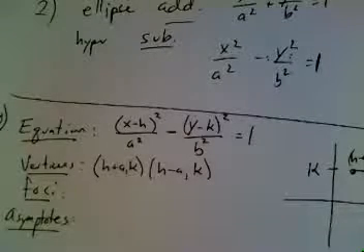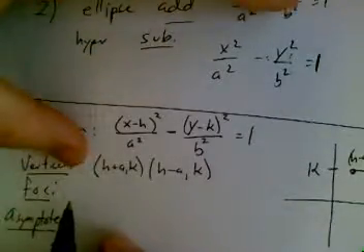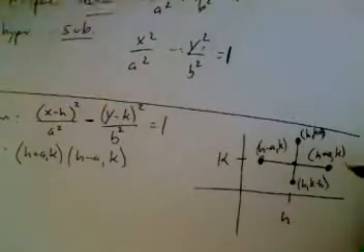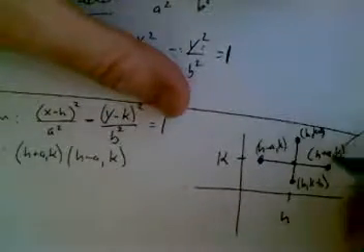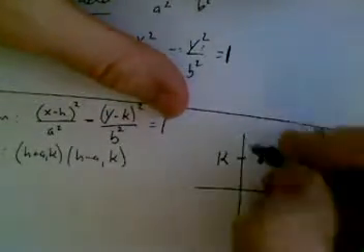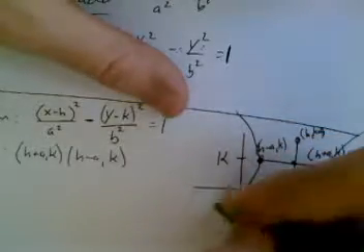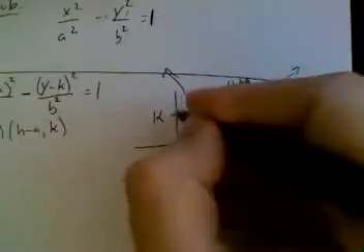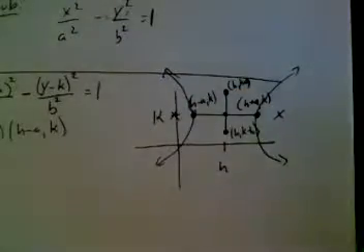So, where specifically would my foci be? Well, if these are the endpoints of my transverse axes, then the graph should pass through those points similar to this. And my foci should be somewhere out here. I don't know exactly where, but where would they be?